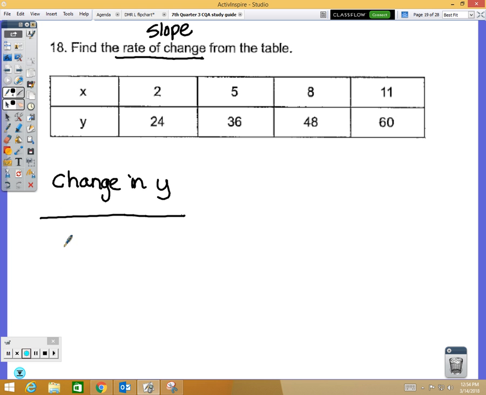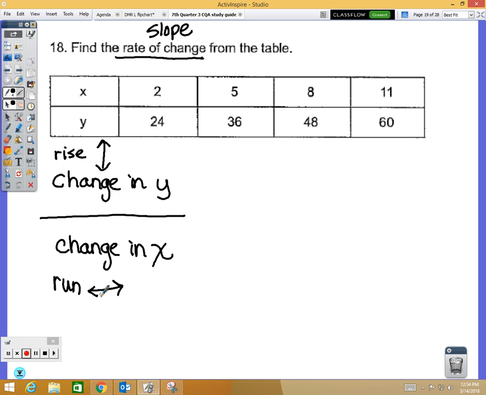And our denominator is going to be the change in x. And the reason for that is because we're finding slope, and it is rise over run. And rise is the vertical change, which is your y-axis, and run is horizontal change, which is your x-axis. Okay, so that's why I'm talking about that.